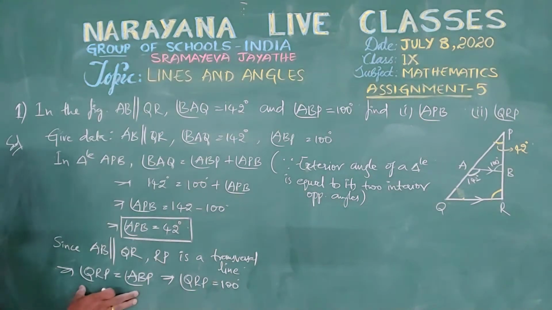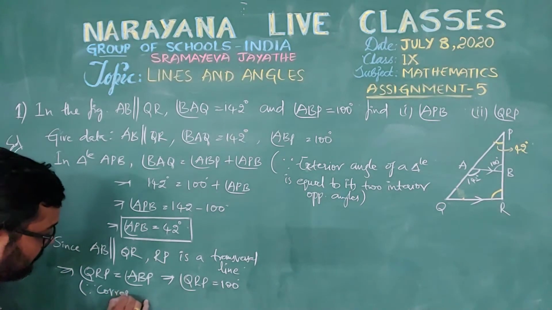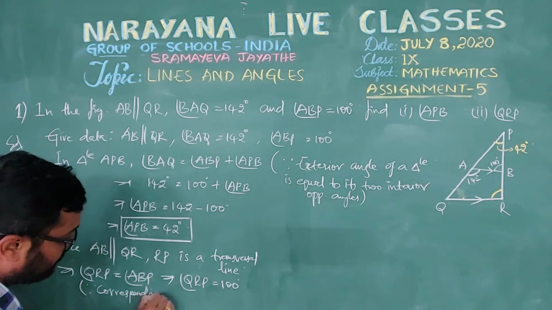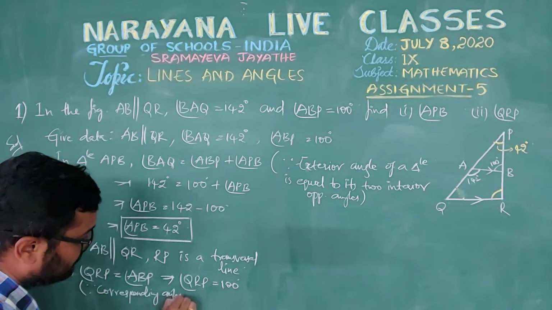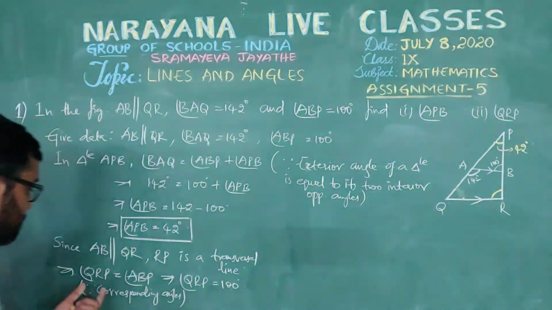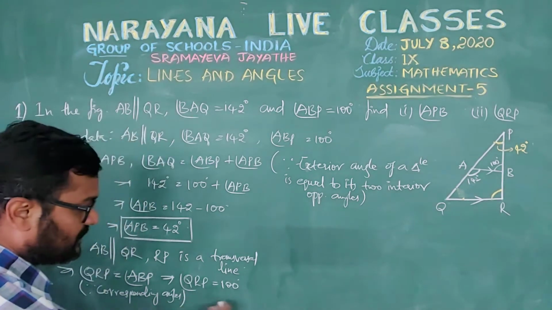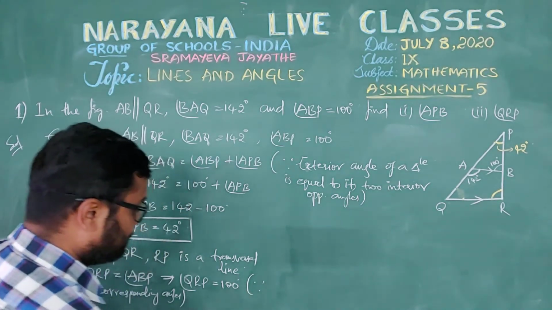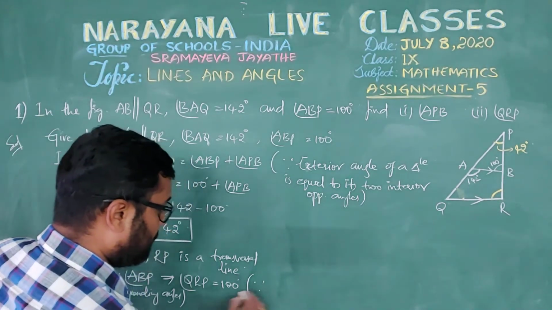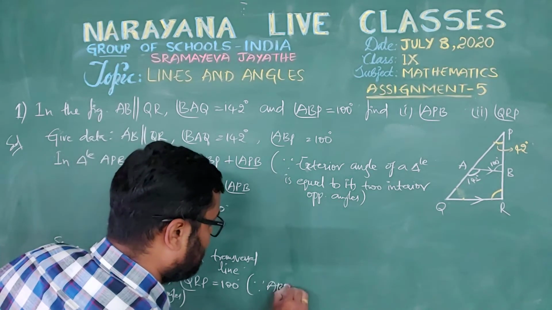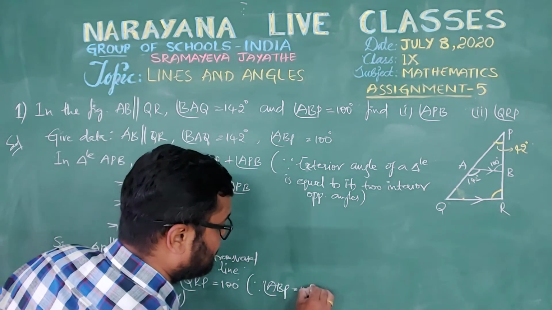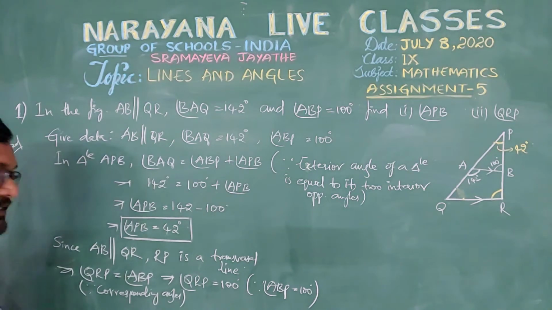See here, why this step? We need to write here, since they are corresponding angles. Angle QRP is equal to angle ABP, why? Corresponding angles. And in this step, since angle ABP is 100 degrees, we need to write that reason.